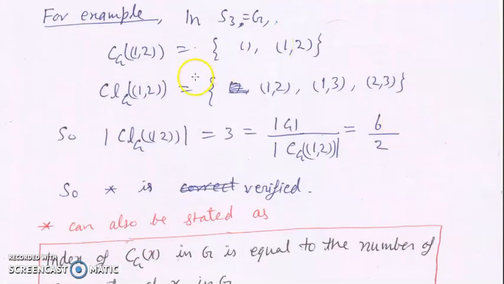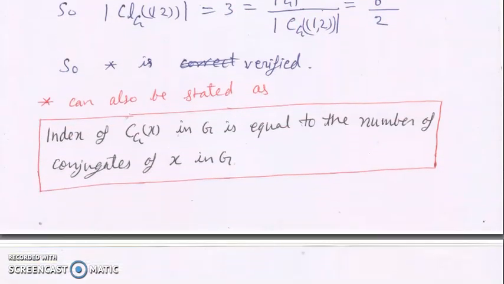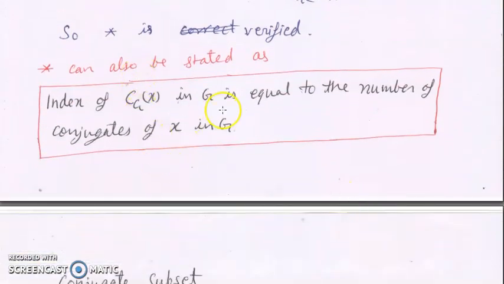Suppose we have a group S3 and I take one element (1 2). Then the centralizer of (1 2) is {identity, (1 2)} and the conjugacy class of (1 2) has 3 elements. So you can see from here that 6 by 2 is equal to 3. So the formula is verified. And of course the index of the centralizer of x in G is equal to the number of conjugates of x in G.